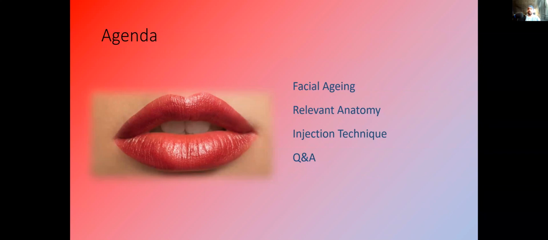So the focus is going to be on the relevant anatomy, which then allows you to make an informed choice as to what technique you would like to use. And there's no such thing as one technique being safer than the other. They all carry risk, and we'll talk about techniques later on.